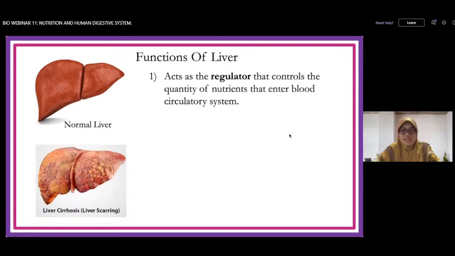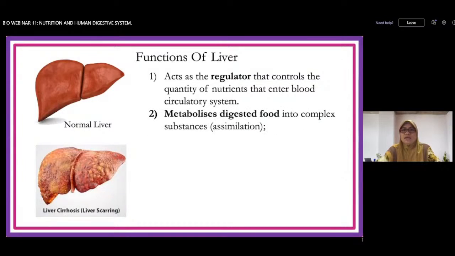Okay, next we move to function of liver. Okay, the first one, fungsi liver. So yang pertama sekali, act as a regulator that controls the quantity of nutrient that enter blood circulatory system. Okay, regulator ni apa? Pengatur, kawal atur. And then metabolize digested food into substances, that is assimilation kan.